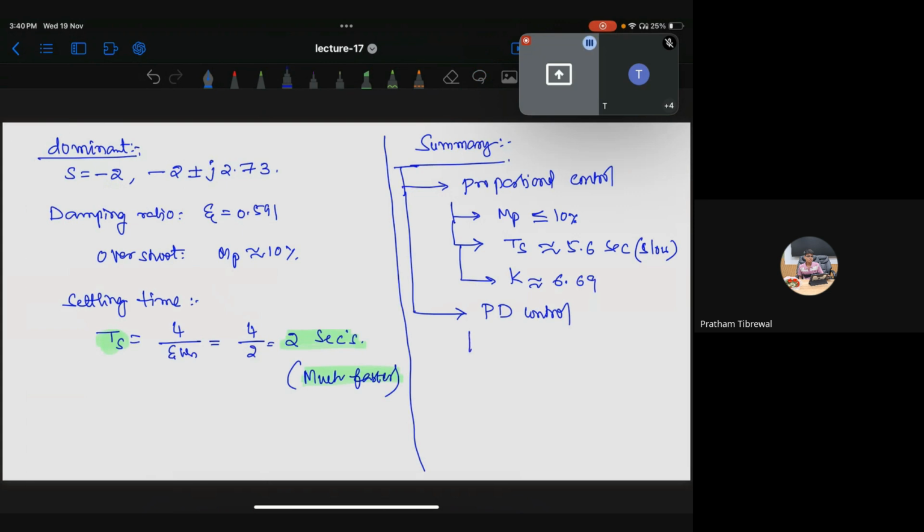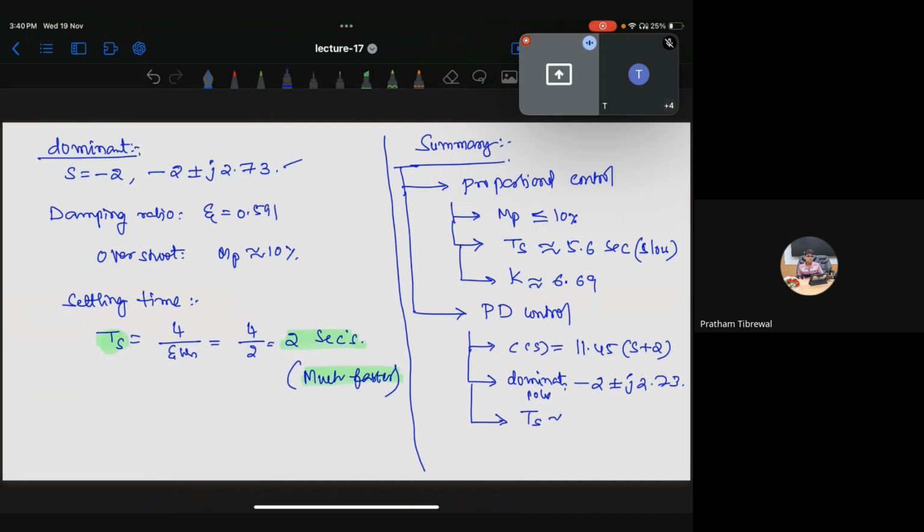Whereas here C of S is 11.45 S plus 2, and the dominant poles we are getting are minus 2 plus or minus j 2.73.